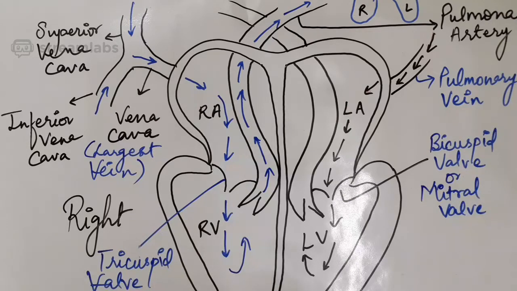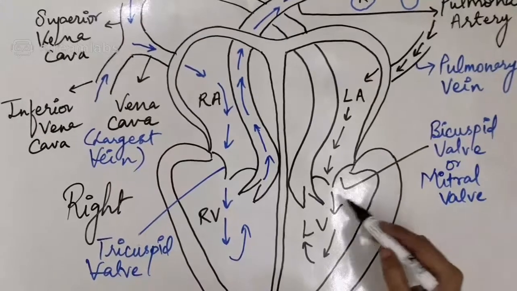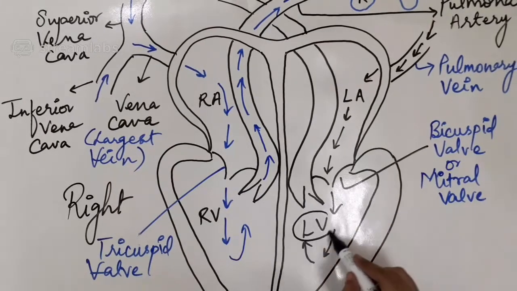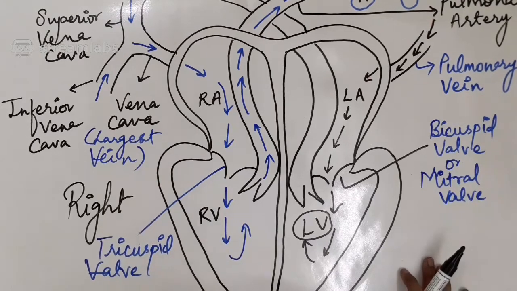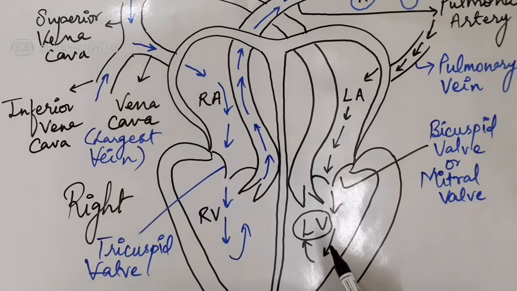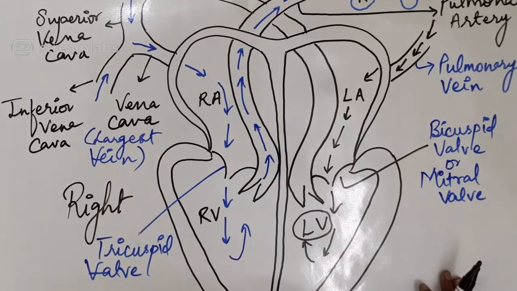From here, the pure blood is pushed from the left ventricle. The wall of the left ventricle is the thickest wall in the heart, because it has to push the blood with great pressure to different organs of the body.